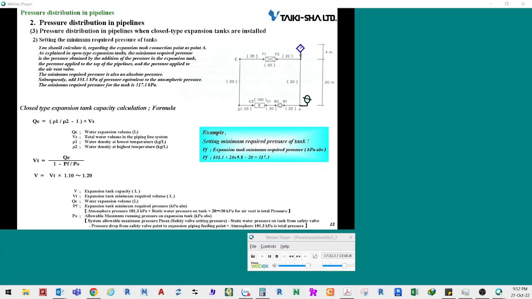The minimum required pressure is also an absolute pressure. Subsequently, add 101.3 kilopascals of pressure equivalent to the atmospheric pressure. The minimum required pressure for the tank is 317.3 kilopascals.